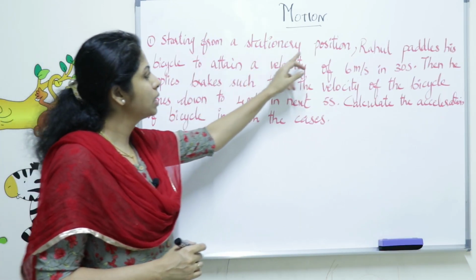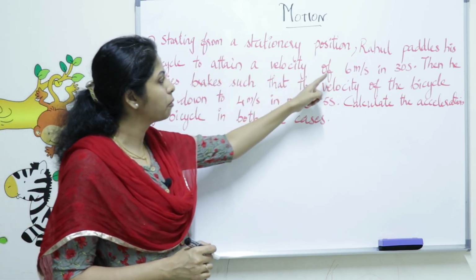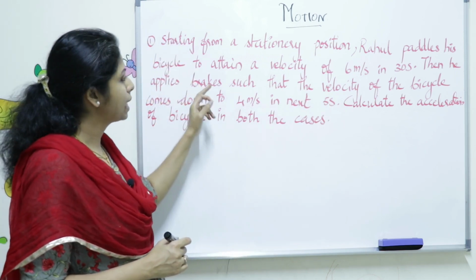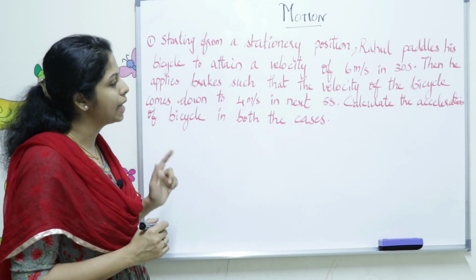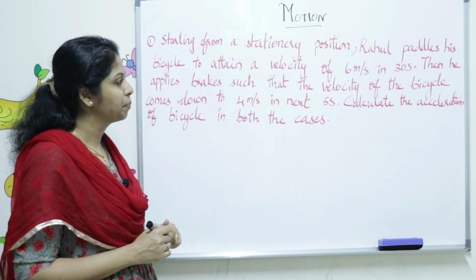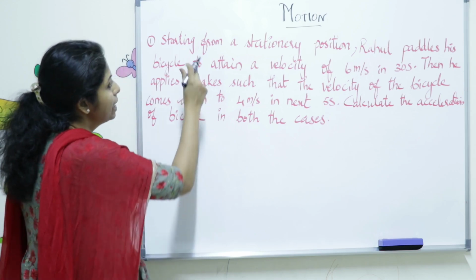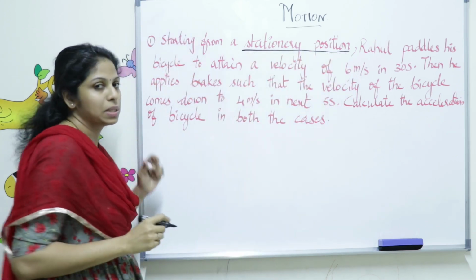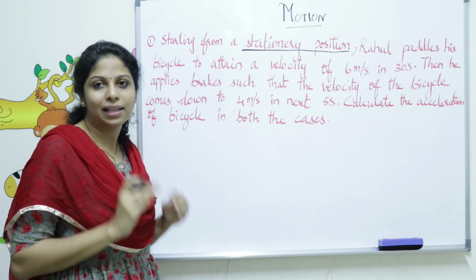Starting from a stationary position, Rahul paddles his bicycle to attain a velocity of 6 meters per second in 30 seconds. Then he applies brakes such that the velocity of the bicycle comes down to 4 meters per second in the next 5 seconds. Calculate the acceleration of the bicycle in both cases. So, here in the question they have given two different cases. Starting from a stationary position means the object is initially at rest.